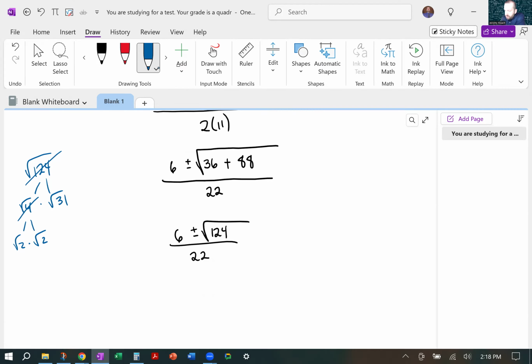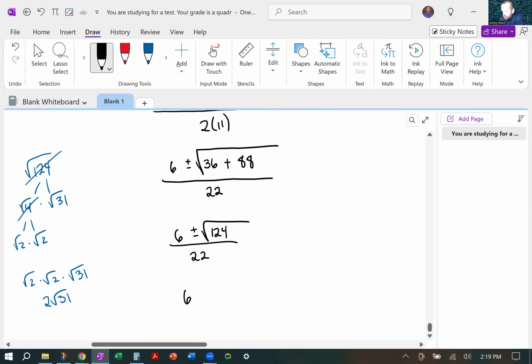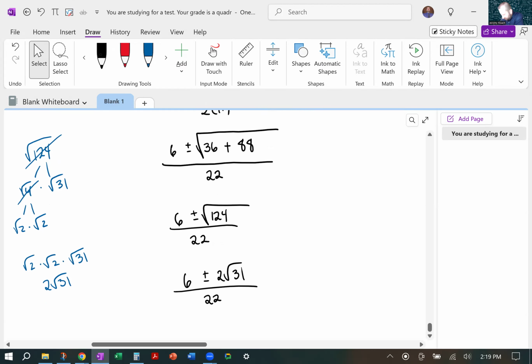So now we have 2 square root of 31. That's the prime factorization of the square root of 124. So now this equals 6 plus or minus 2 root 31 all over 22.